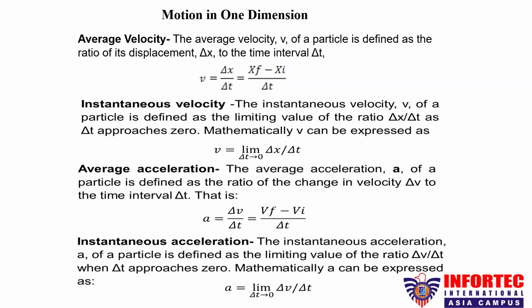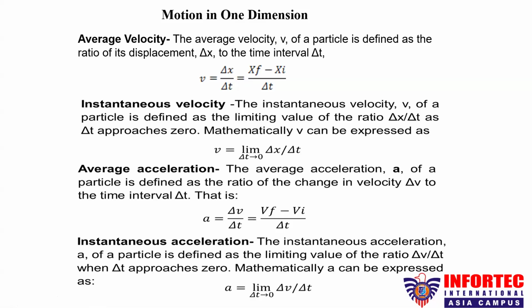Right. We know about displacement, average velocity and instantaneous velocity, right? At one point, we can define velocity. It is the instantaneous velocity. And the other important one is average acceleration. The average acceleration, simply a, of a particle is defined as the ratio of the change in velocity, delta v, to the time interval, delta t, right?